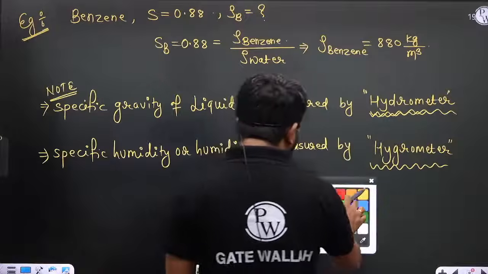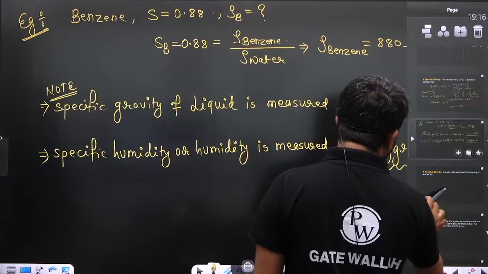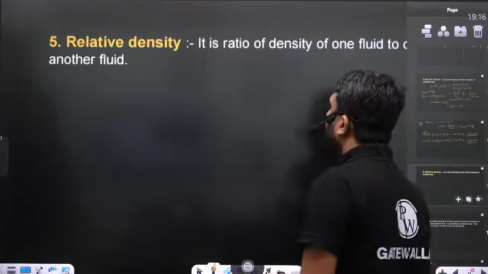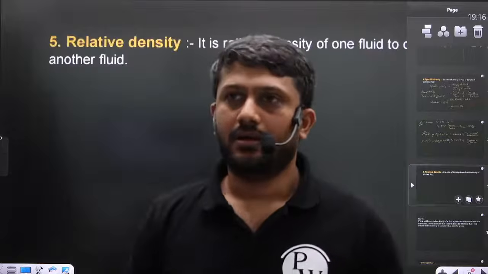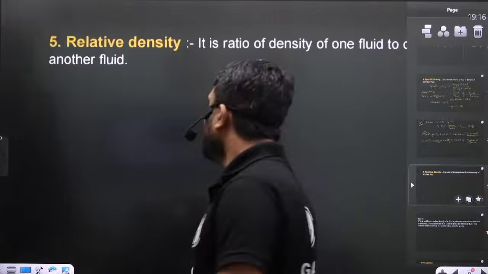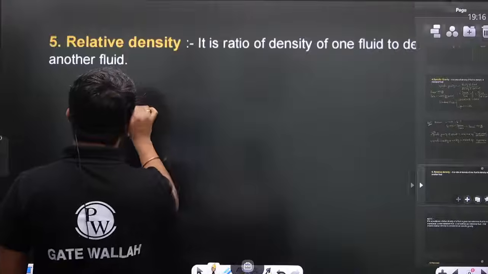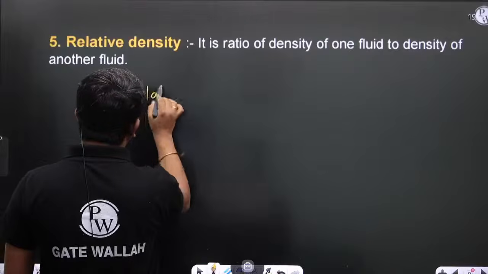Okay, now come to the next property, which is relative density. What is a relative density?